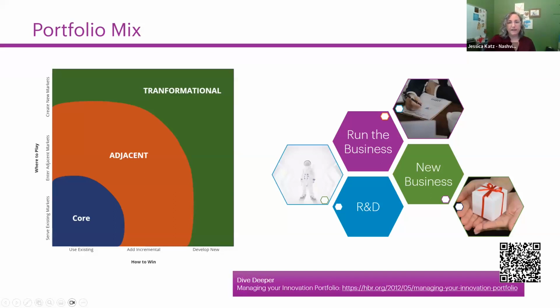An example, so the run the business or the core products, you're optimizing existing products for existing customers. When you move into new business or adjacent, we are expanding from the existing business into new to the company business. So it could be new markets, it could be new regions, it could be new industries. And I want to just clarify for a second, when I say the word market here, I mean people.